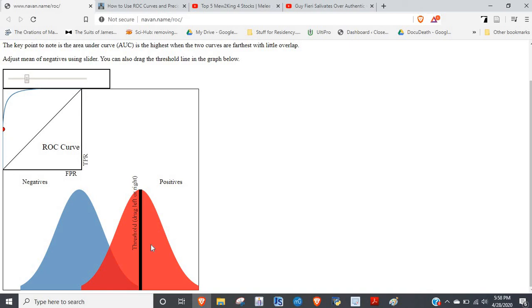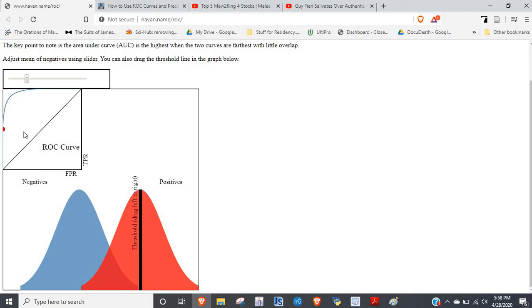But the sensitivity is suffering because you have all these people right here who are being tested and being told that they're not positive, that they're negative. But that's clearly not the case. Look at all these people here. Look at all these people right here. So this is unfortunately, I guess, a symptom of the way tests are made. It's really hard to get 100% specificity, 100% sensitivity in anything.